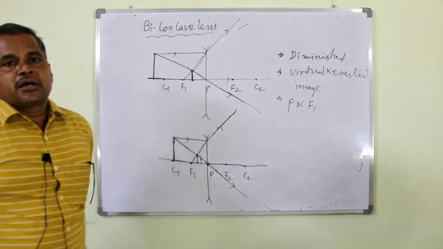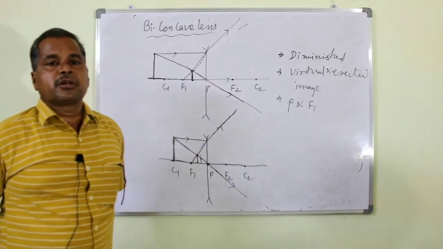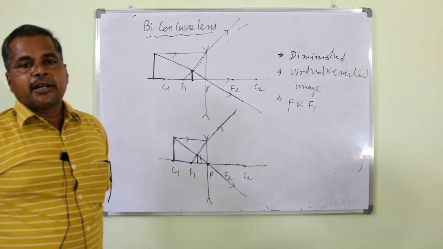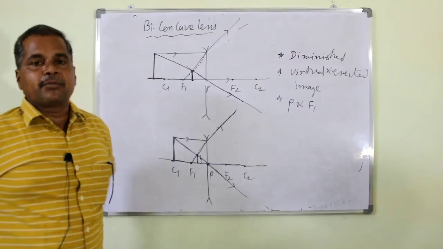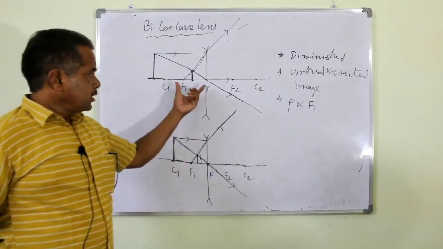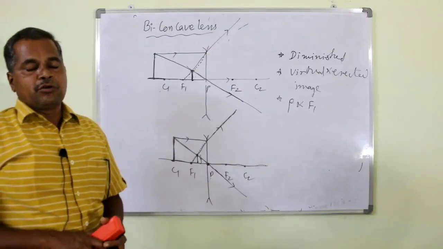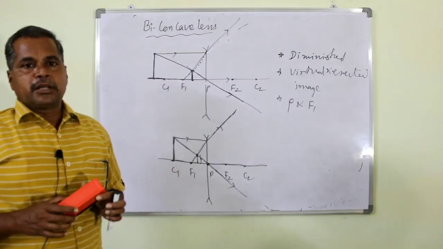That's why we can say that when any object is placed in front of a biconcave lens, every time a virtual, erect, diminished image is formed on the side of the object, between F1 and P. That's why we don't need to draw the ray diagrams for the biconcave lens.